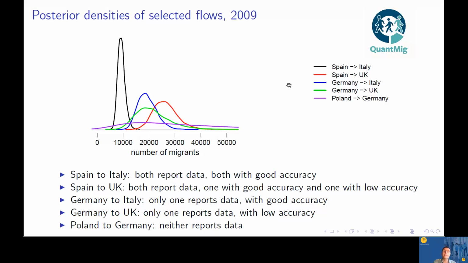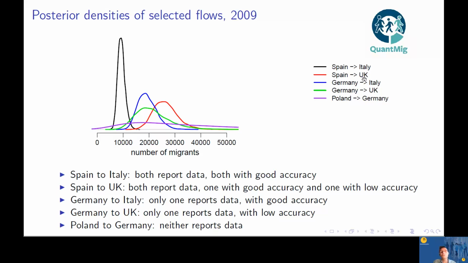And we see that, interestingly, when you compare Spain to UK and Germany to Italy, the uncertainty is relatively similar. So Germany had no data to an accurate data, and Spain had accurate data, and UK had some data.